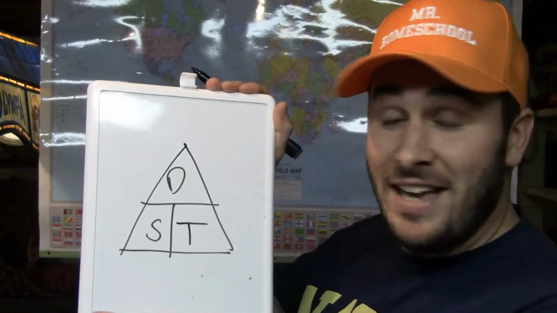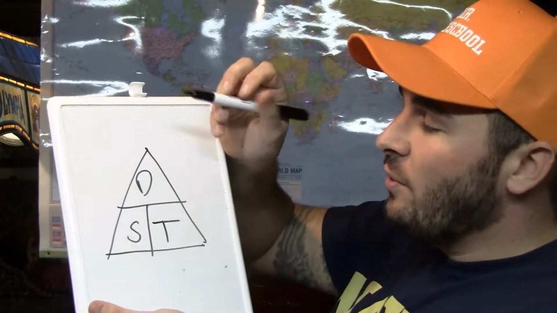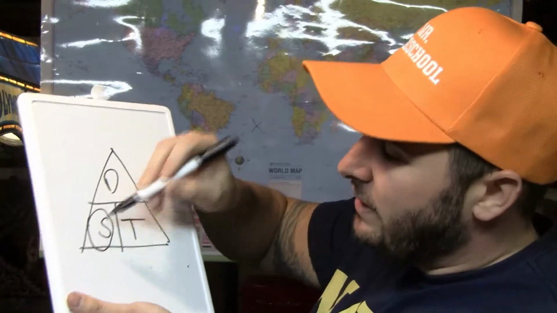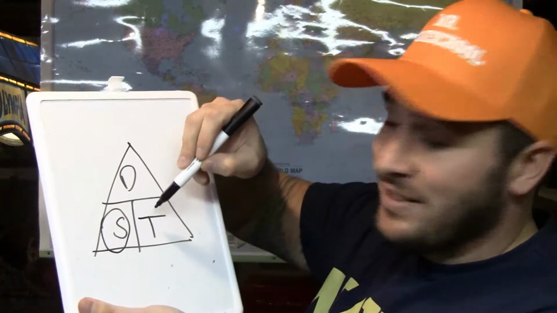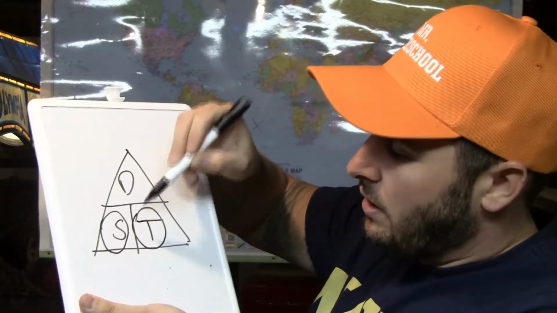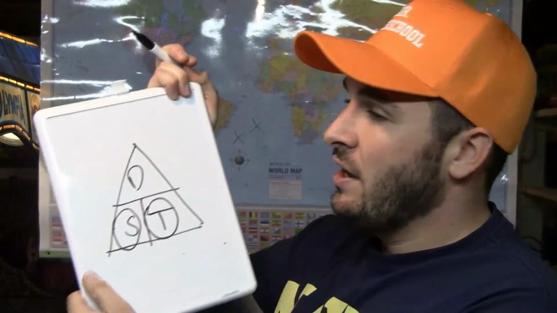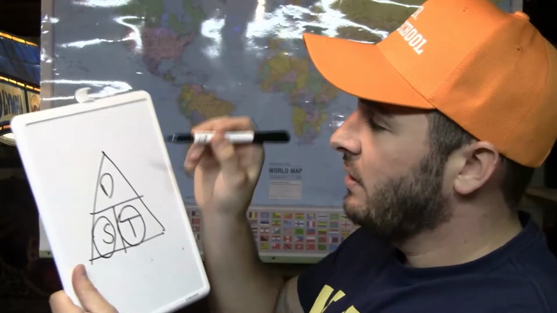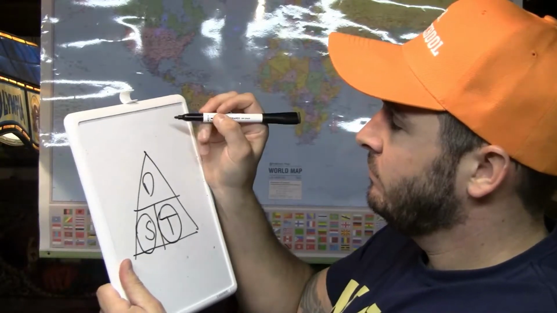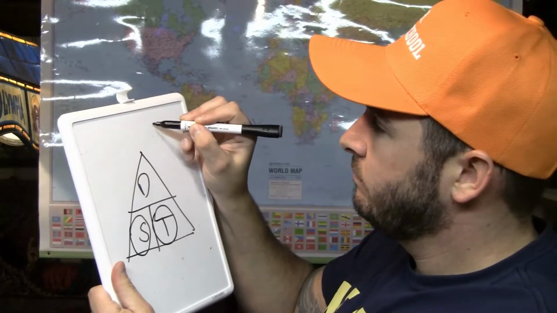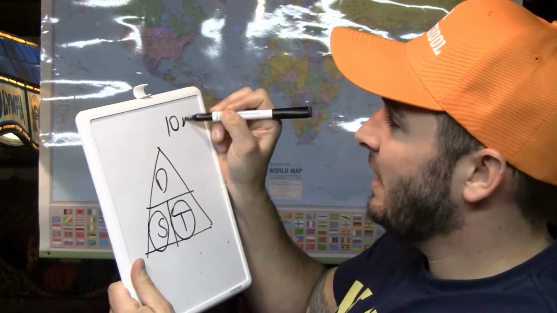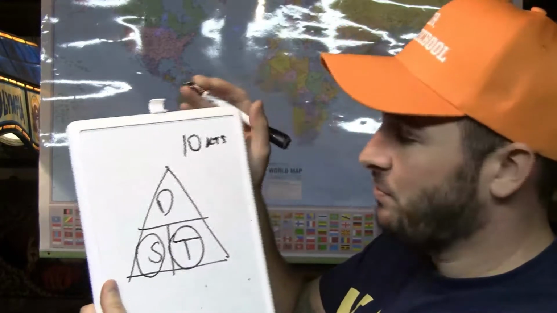Okay, a second example. You know the speed and the time, but you don't know the distance. So in this situation, you know that you're going 10 knots, which is like 10 miles per hour.